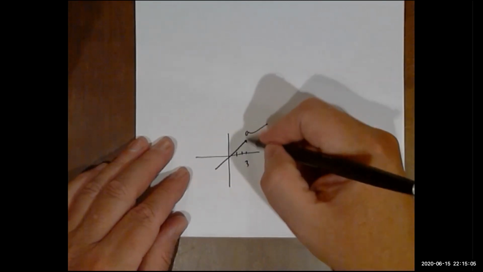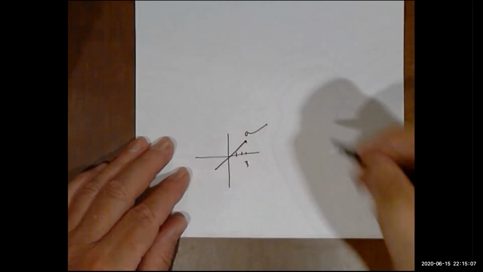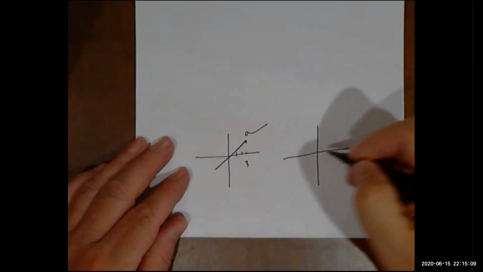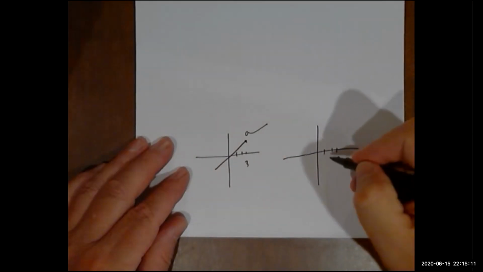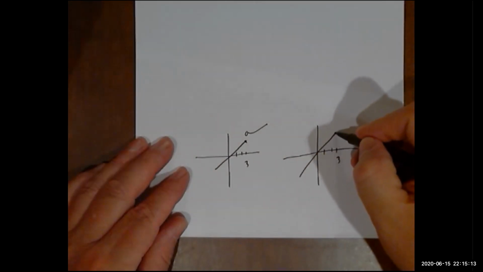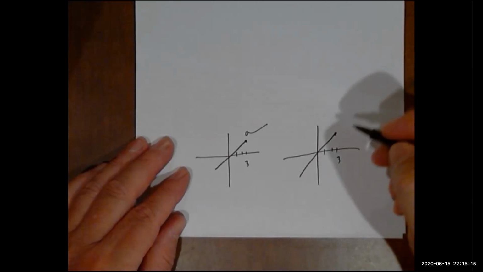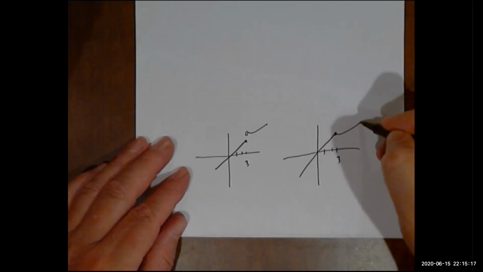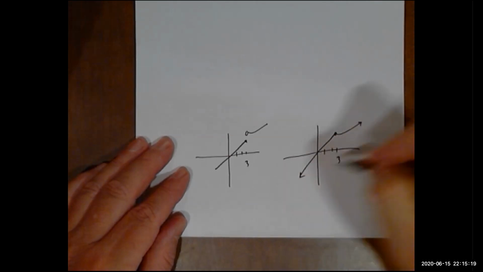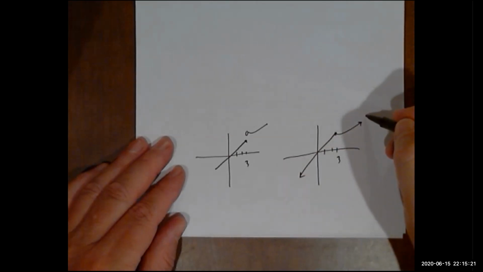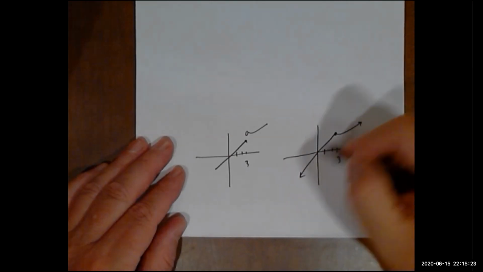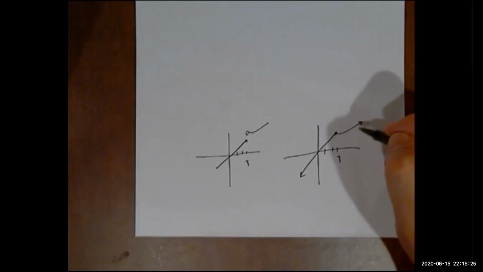Would it be continuous at x equals 3? No, there's a gap there. How about here's the first function, and then here's the second function. Would this be continuous? Yes, because there's no gap or break, even between the 2 functions.